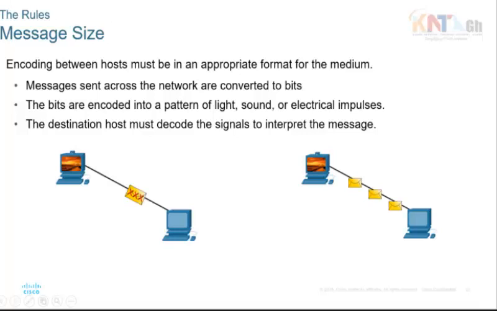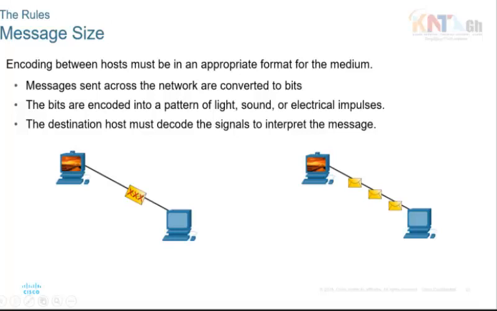And then the transmission medium could be through a pattern of light, which is a fiber optic transmission or a fiber optic medium, sound, or electrical impulses. And for electrical impulses, it is the copper medium. So it could be either a coaxial medium, or a twisted pair medium, either shielded or unshielded twisted pair.